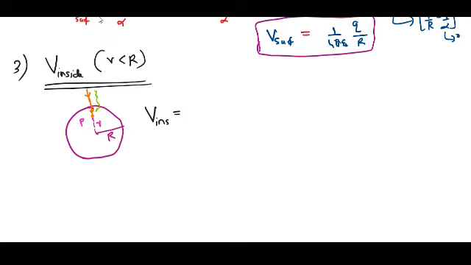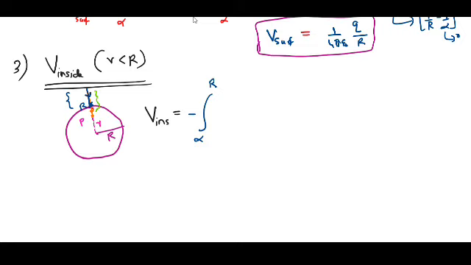The first one, while doing the integration, will be minus: I have to come from infinity to the point at r equal to capital R. Therefore, minus integral from infinity to R.